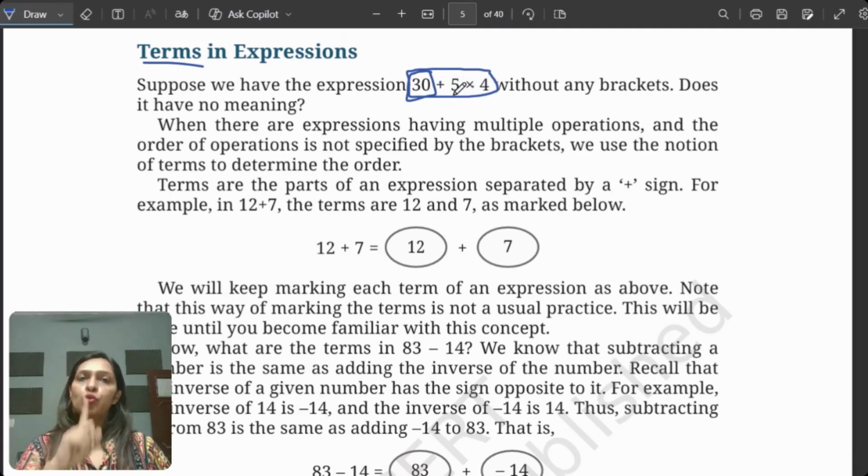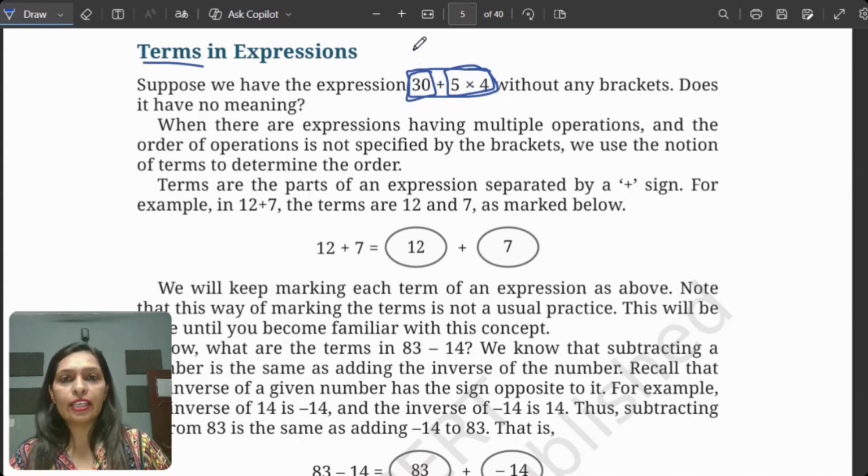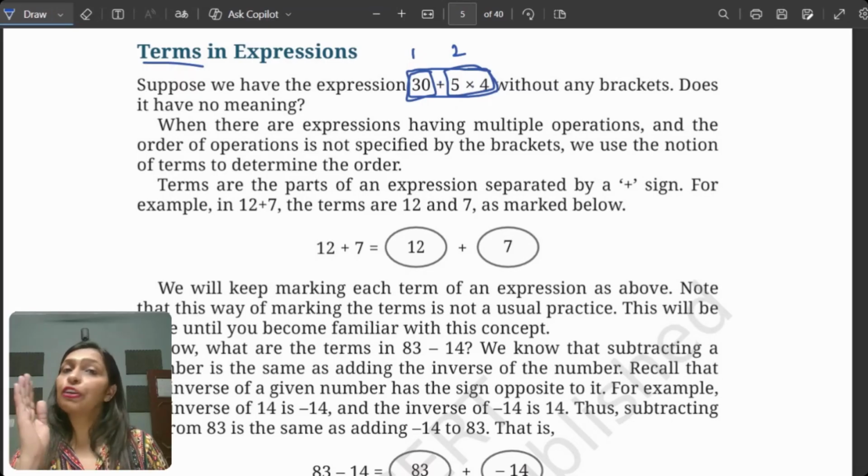They are just one term, and this is the other set of terms. So if I ask you how many terms does this expression have, what will be the answer? That it has got 2 terms. Okay, again I'm repeating that in an expression the terms are separated by the sign of addition and subtraction.